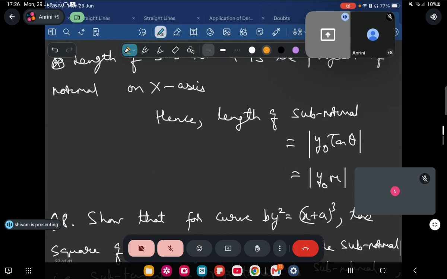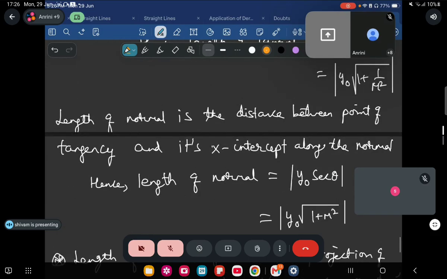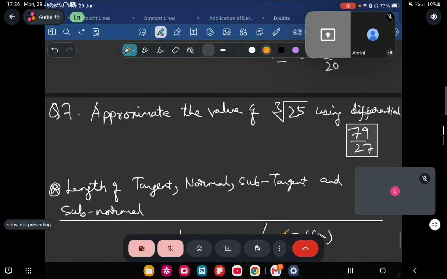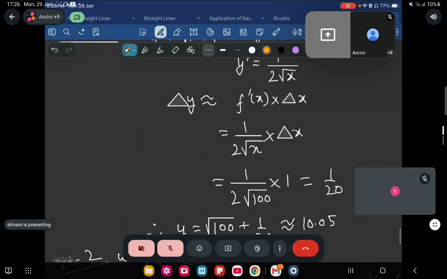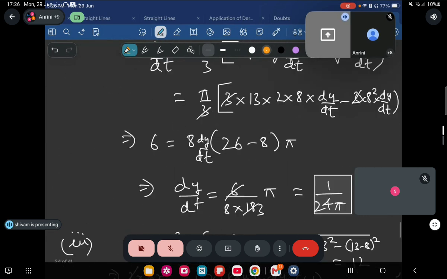So this was the last problem we did. Length of subtangent, subnormal, rate measurement, we have done it. Angle between curves, we have done it. Rate measurement, we have done it.